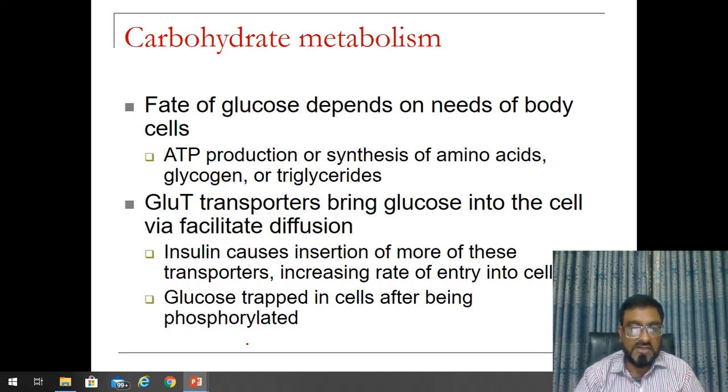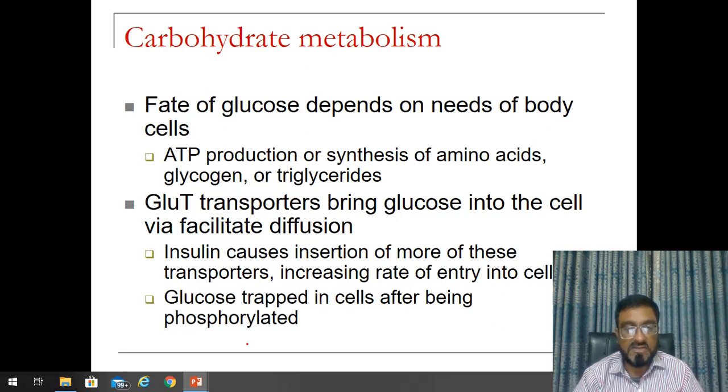Insulin has a role in that. Insulin causes insertion of more of these transporters, increasing the rate of entry into the cell. Without insulin, in most of the GLUT systems, glucose cannot enter into your cells.